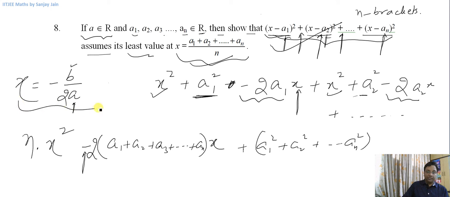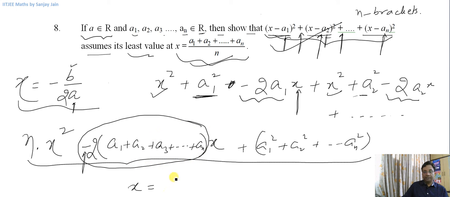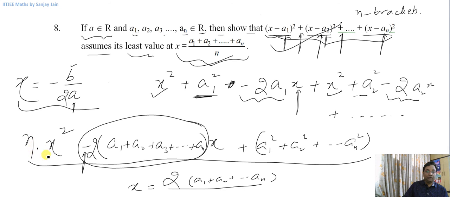So now in this particular quadratic polynomial, x will be equal to minus b, that is negative of coefficient of x, which will be 2 times a1 plus a2 plus up to an, divided by twice of a, that is twice of coefficient of x square, that is 2n.